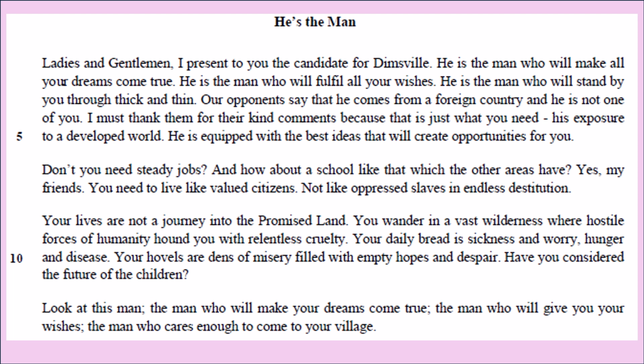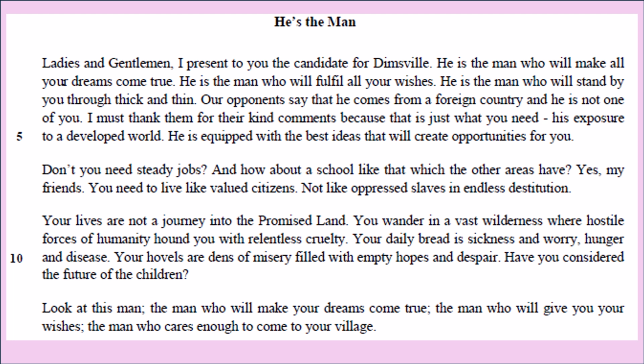Don't you need steady jobs? And how about a school like that which the other areas have? Yes, my friends, you need to live like valued citizens, not like oppressed slaves in endless destitution. Your lives are not a journey into the promised land. You wander in vast wilderness where hostile forces of humanity hound you with relentless cruelty.